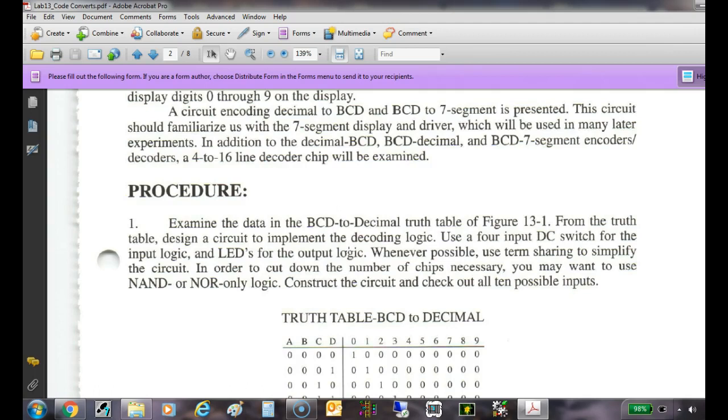We're not going to do this because this would be a very complicated circuit, and I don't know why they want to do this. What we're going to do is go ahead and use a combinational logic BCD to decimal decoder called a 7442.